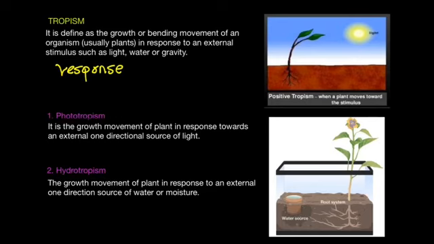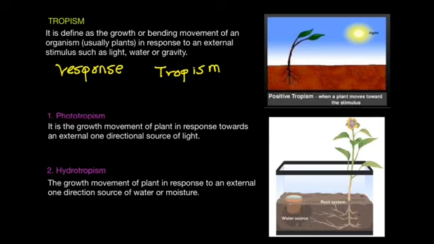What if that happens in plants? We call it tropism. A lot of the time we think of plants as very passive and not active, but the fact is that they also respond to external stimulus.